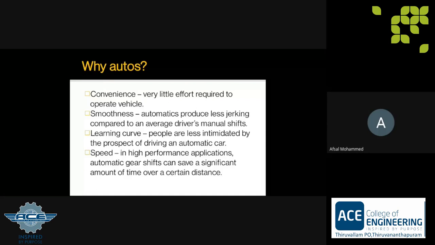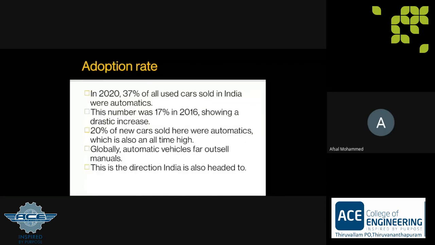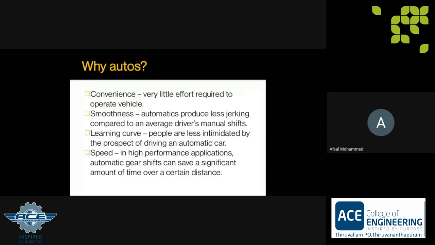For example, if the thing is just a simple back and forth motion, then a robot can do it repeatedly, an infinite number of times, whereas a human being will experience fatigue and then it will cause problems. And just like that, the shift speed of an automatic transmission cannot be compared with a human or a manual shift. Okay, so we know what an automatic is and why we use automatics.